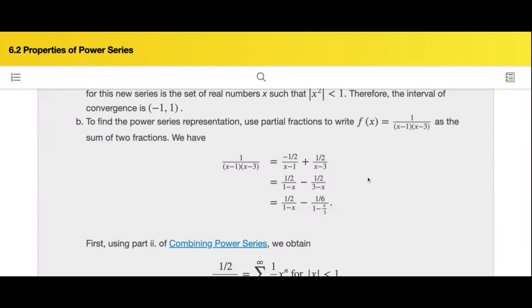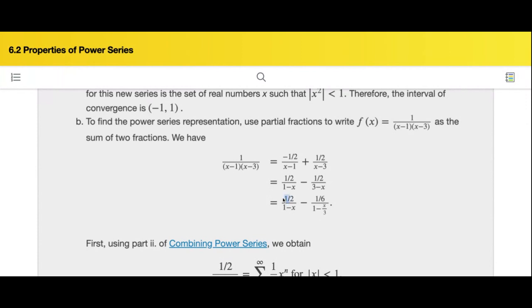So we want to fit into the situation a over 1 minus r. That's the formula in our head: a over 1 minus r.